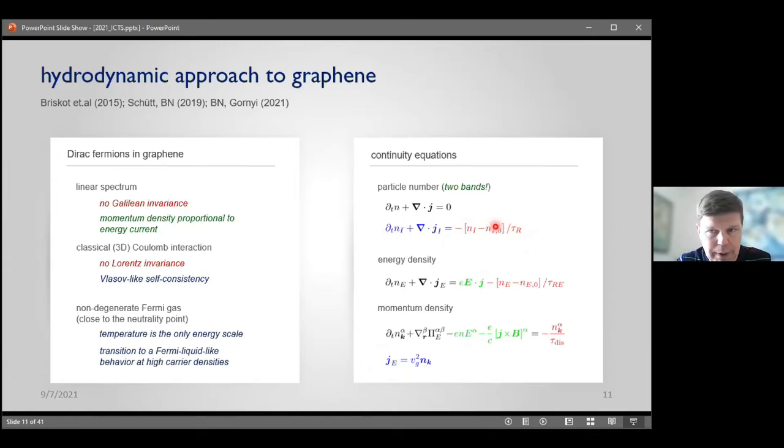So the fact that there are two bands leads to a second conservation law. Normally, dynamics reflects three conservation laws: particle number, energy, and momentum. Now, if we have two bands, we may think that in some limit, particle number in each band independently is conserved. That gives us an extra conservation law and an extra macroscopic current.